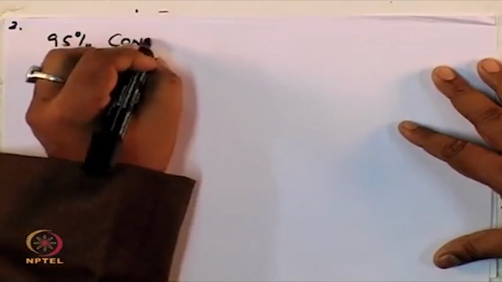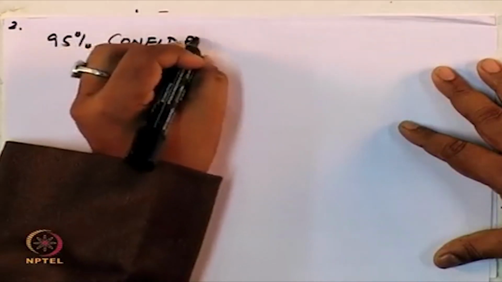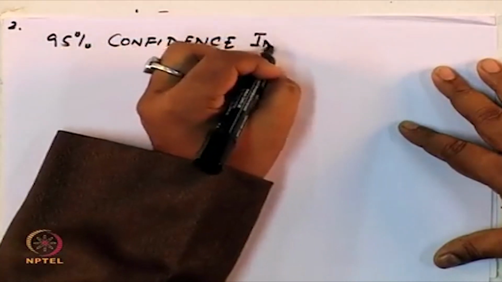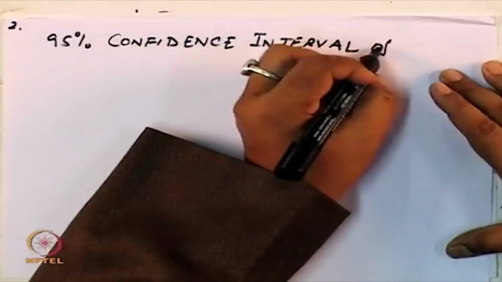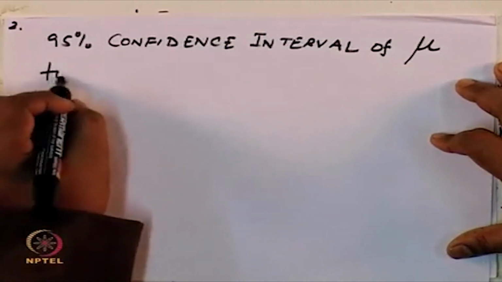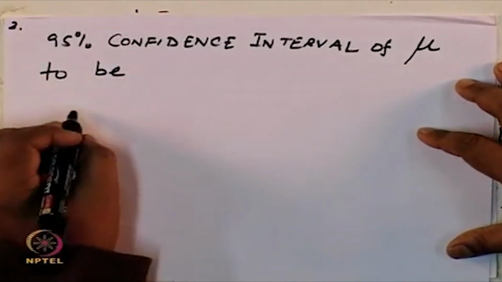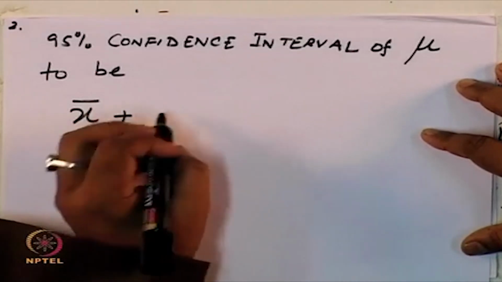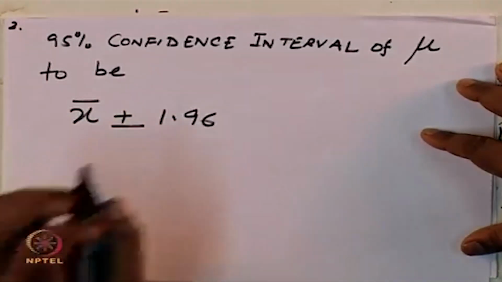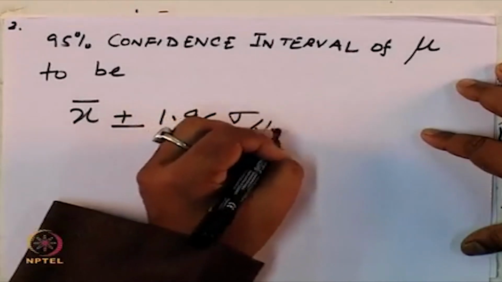From this expression, we can find the 95% confidence interval of mu to be x bar plus minus 1.96 sigma by root n.